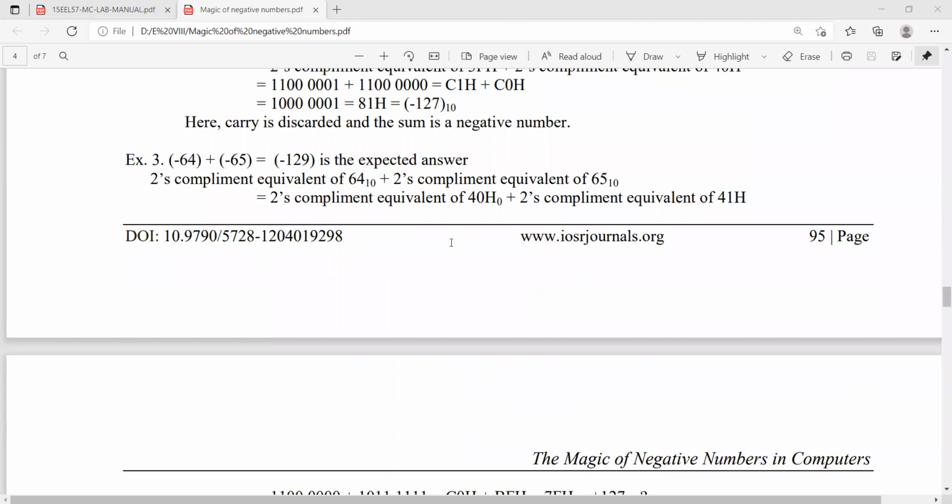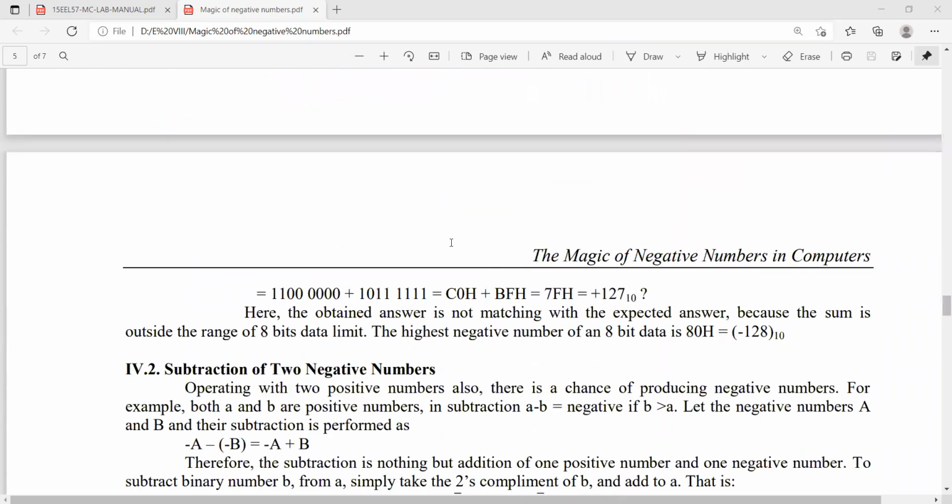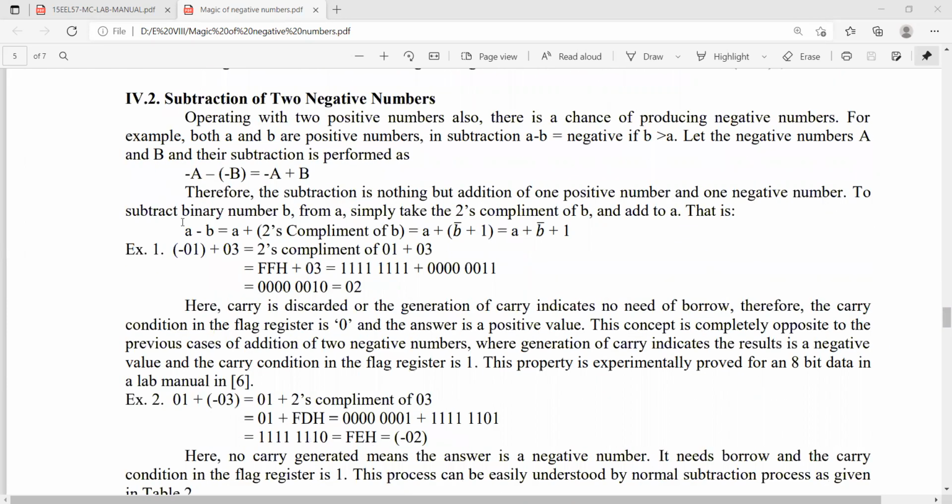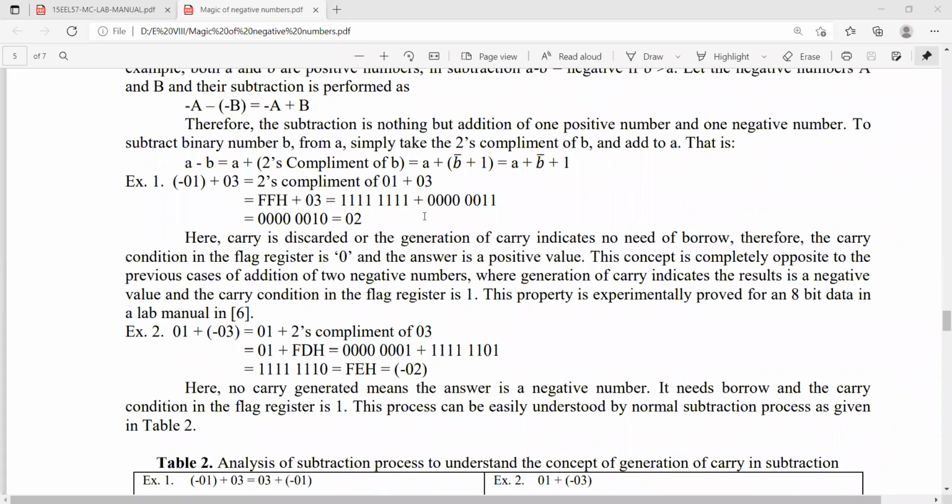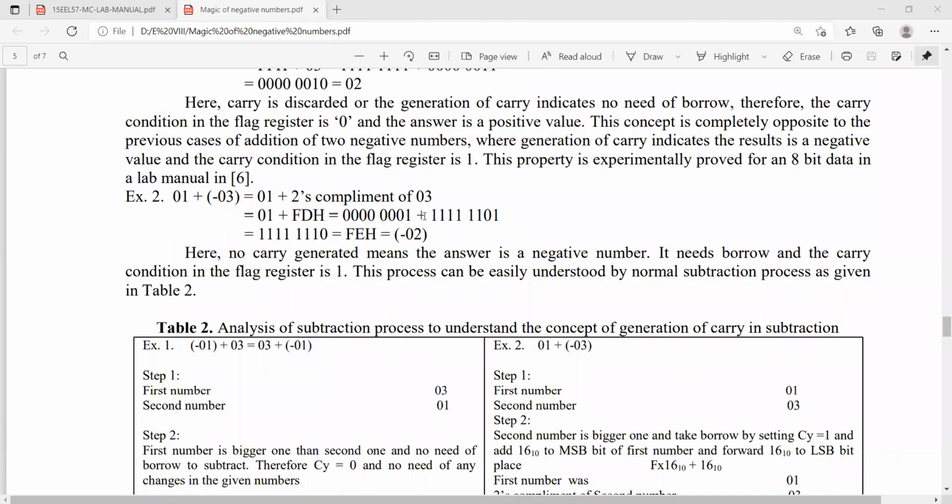Similarly, you can go for the subtraction. So subtraction means, let us take A minus B, which can be written as A plus of minus B also. So A minus of minus B is plus B. So here there is one problem. You can just go through the example. Let us assume minus 1 plus of minus 3.